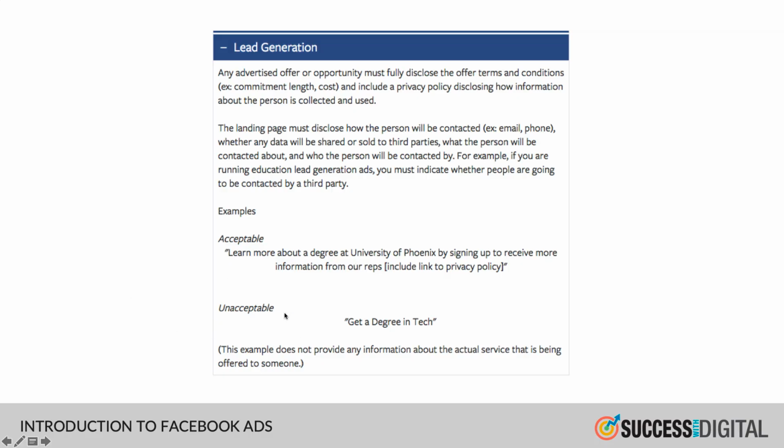An unacceptable way to use your copy would be "get a degree in tech," because it does not provide information about the actual service being offered, and it's also not guaranteed that someone can get a degree in tech. So you want to make sure that the wording and verbiage you're using is on the up and up with Facebook.